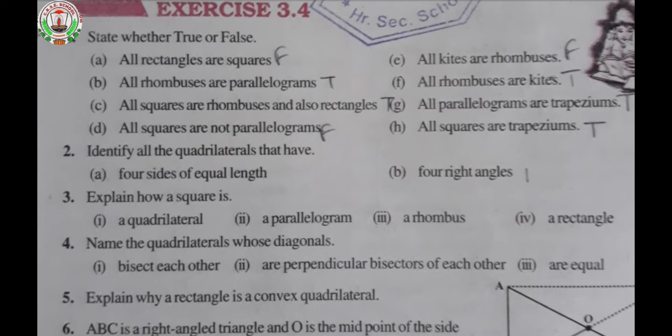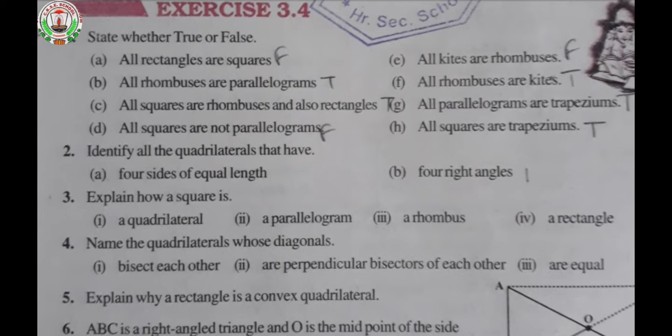So here is the second question. The second question says, identify all the quadrilaterals that have four sides of equal length, and the B part, four right angles. Okay, this is question number 2. Question number 3 says, explain how a square is a quadrilateral, then how a square is a parallelogram, how a square is a rhombus, and how a square is a rectangle.